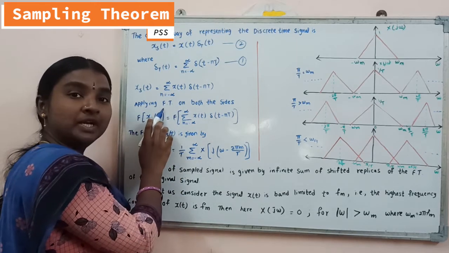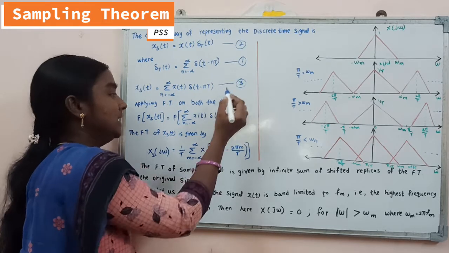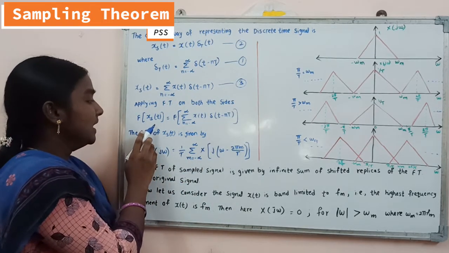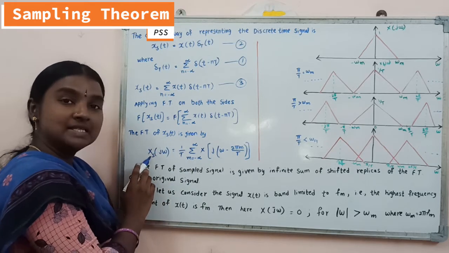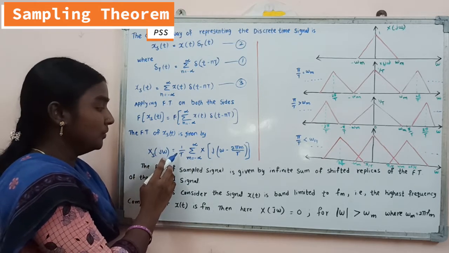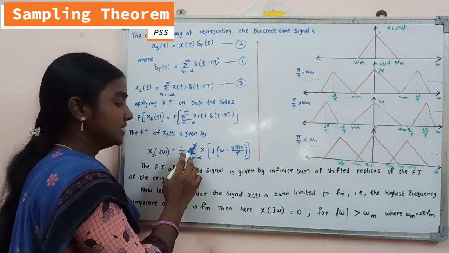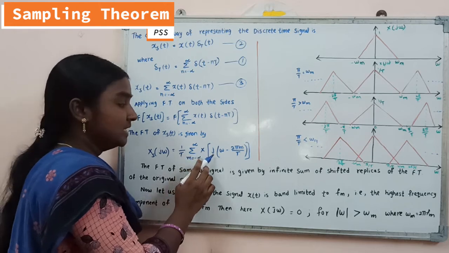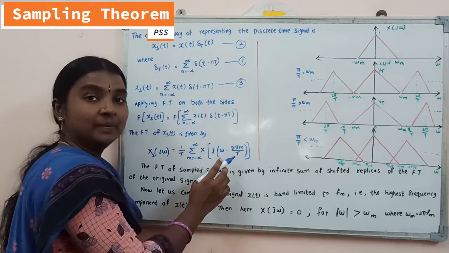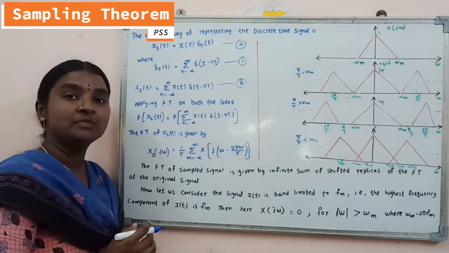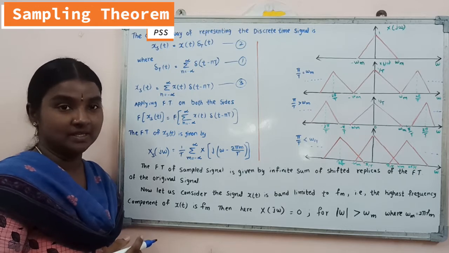Now applying Fourier transform on both the sides to this expression 3, we will get the Fourier transform of xs of t, given by Xs of j omega, equal to 1 by T times the sum over m equal to minus infinity to plus infinity of X of j(omega minus 2 pi m) divided by T. Now by applying Fourier transform, we are converting the time domain signal into a frequency domain signal.